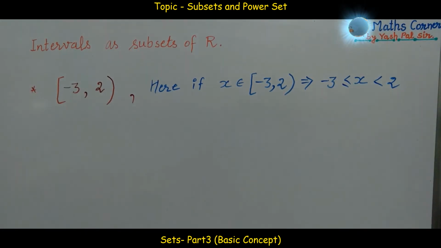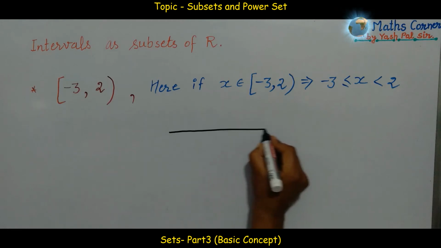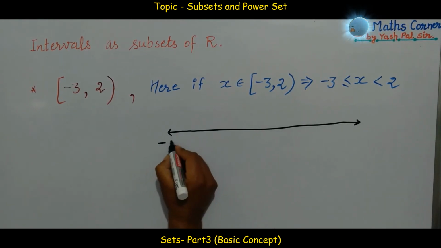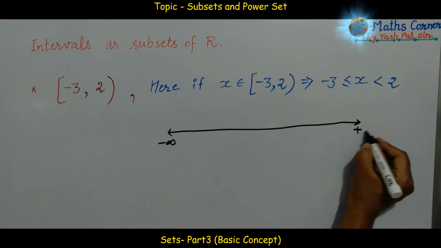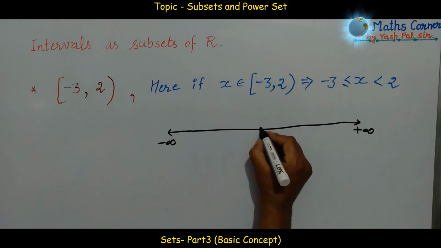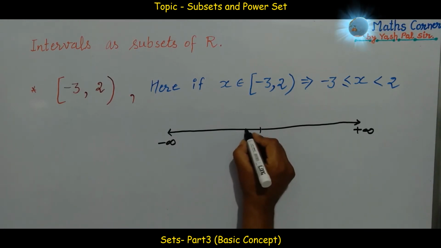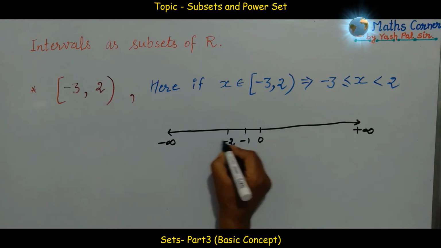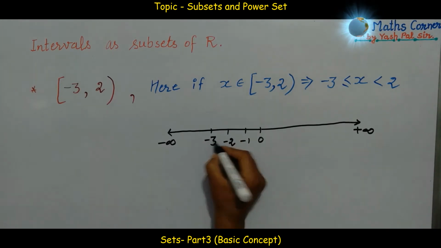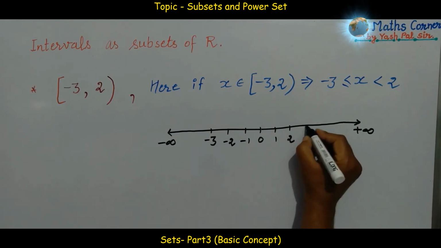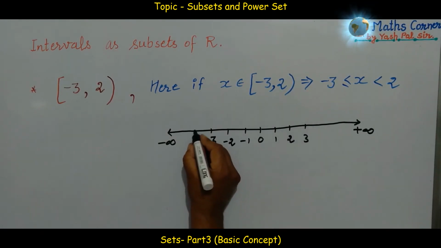On the number line, how can we represent this? Minus infinity to plus infinity, all the numbers. Here suppose this is 0, left side minus 1, minus 2, minus 3, and this is 1, this is 2, this is 3, and this is minus 4.